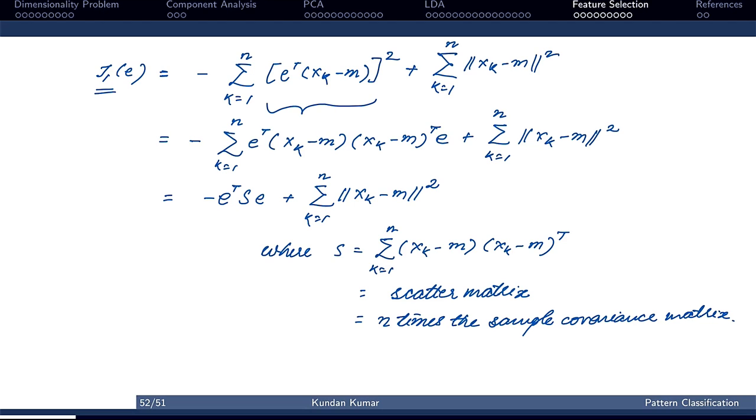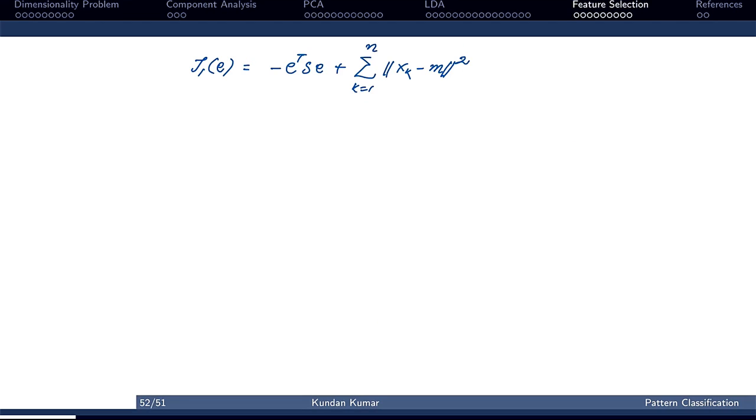Okay. Now our resulting cost function is basically J1(E) equal to minus E transpose S E plus summation k equal to 1 to n of the Euclidean norm square of x_k minus m.